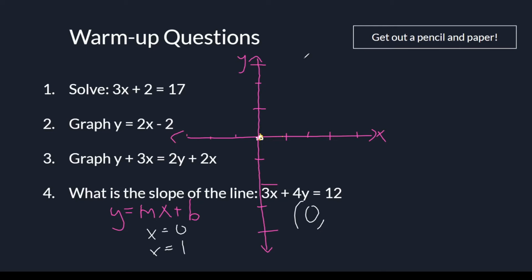When x equals 0, yeah, so just plug in: y equals b. Exactly, okay? Now, what about when x equals 1? Then it equals m plus b. Exactly, okay? So that's perfect.